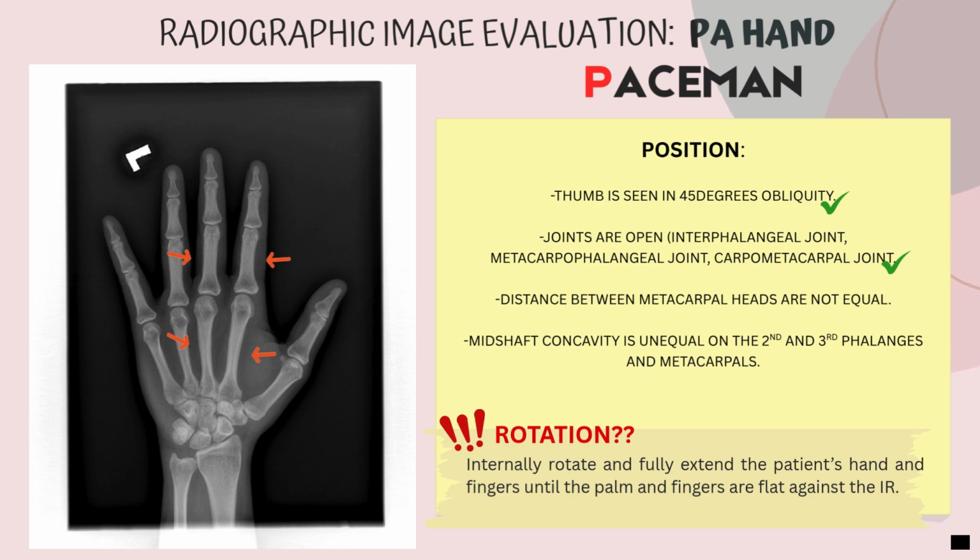This indicates that the image is slightly externally rotated. To improve the rotation, we should internally rotate and fully extend the patient's hand and fingers until the palm and fingers are flat against the IR.